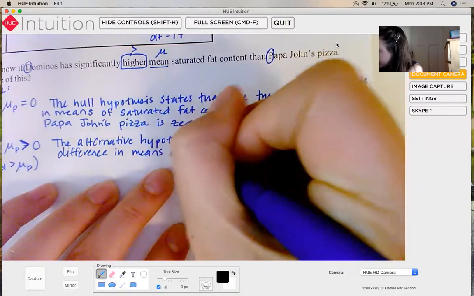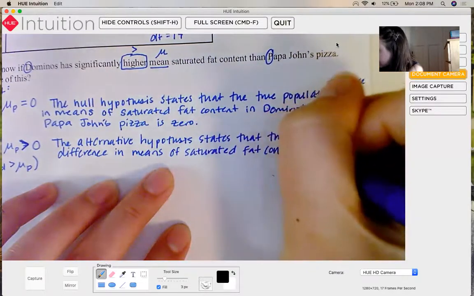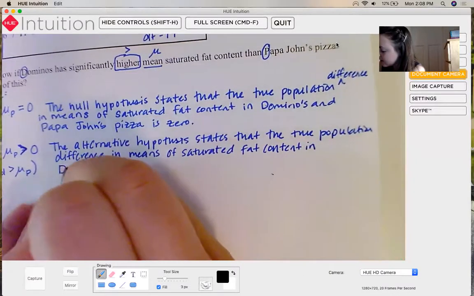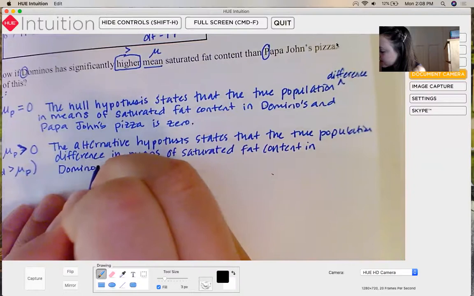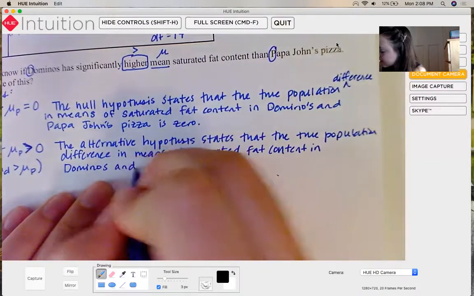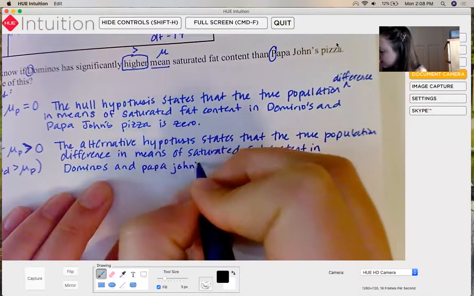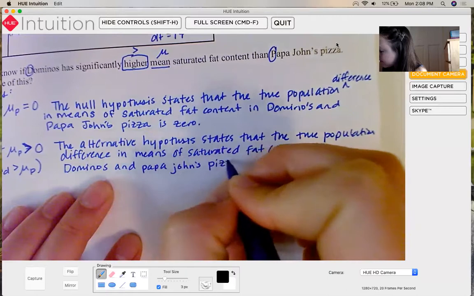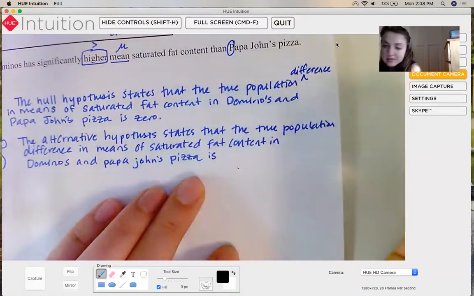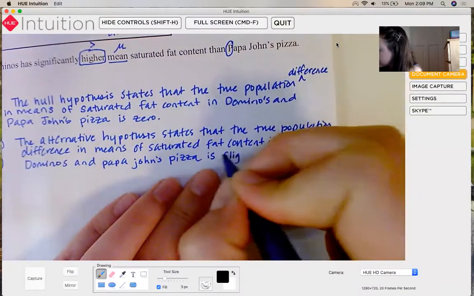Of saturated fat content in Domino's and Papa John pizza is, okay, is higher.